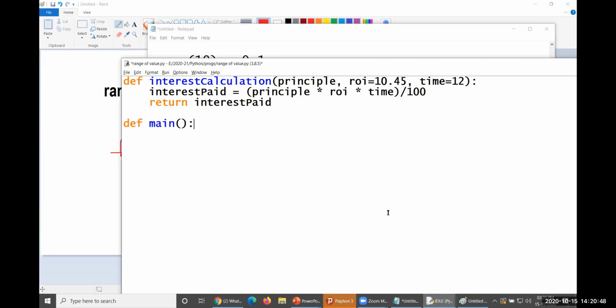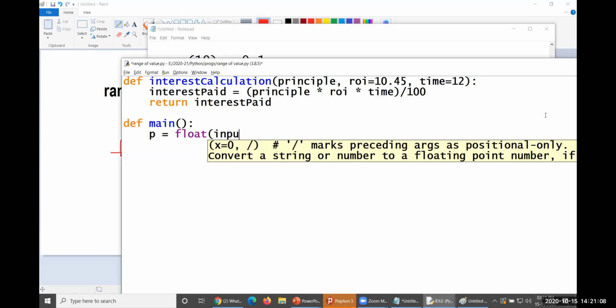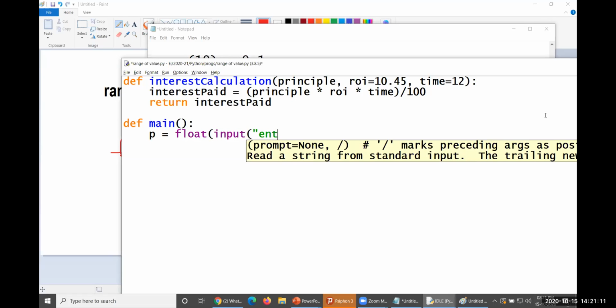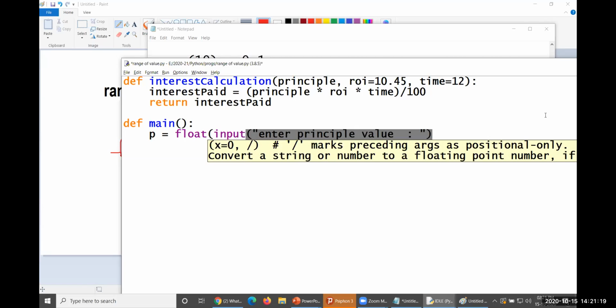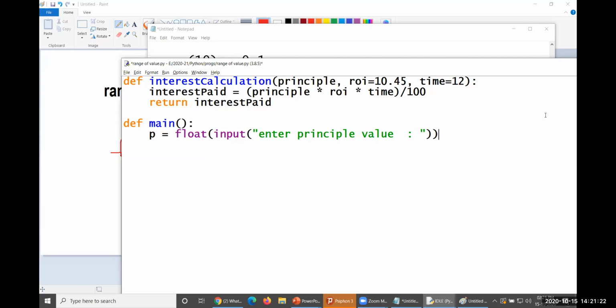And here, principal P will be equal to, let me say, a float value, float of input of enter principal value. I have taken only the principal value at this moment, and I don't want to take any rate of interest and time on my own.